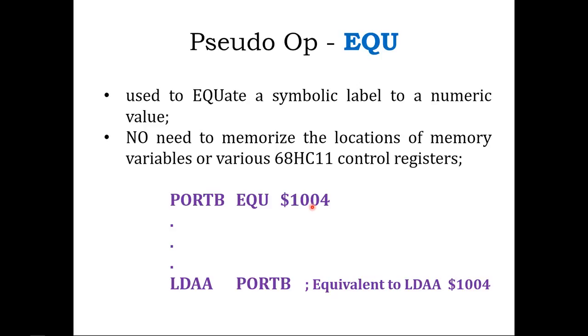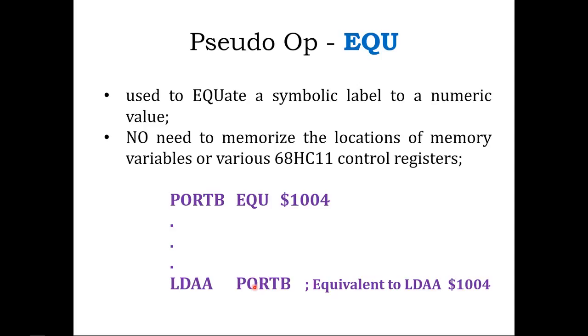This is predefined. Now, if I just write a line like this at the beginning of the program, PORTB EQU $1004, then every time you write PORTB, your assembler knows that you are actually trying to write $1004. So it replaces PORTB by $1004.